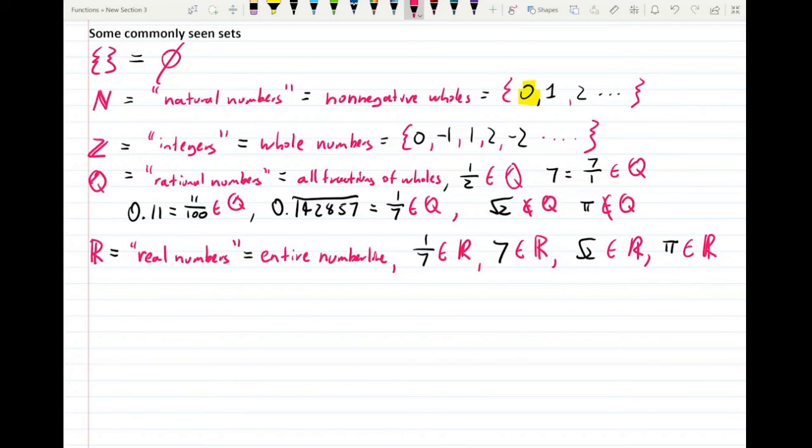You'll also see the set of all points in the 2D plane talked about, and that's written as R squared. So the real number symbol with a 2 in the superscript. Once again, this is R squared, and this is all 2D points.